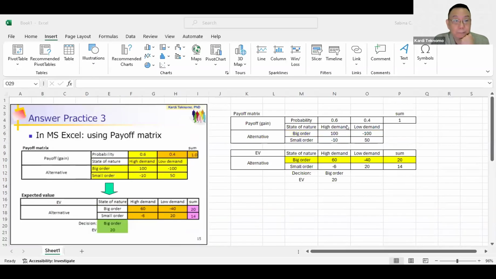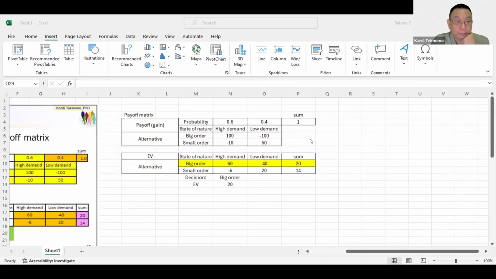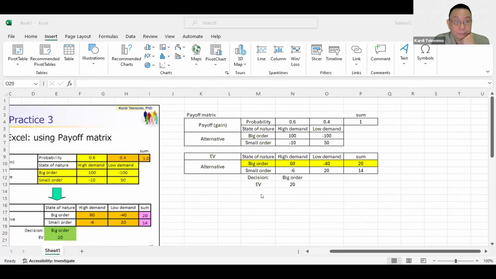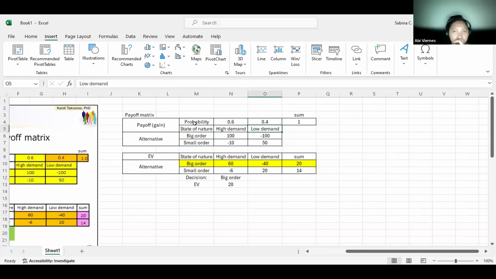Okay, can you share your screen? So get the probability, and then get the EV, and then the summation.